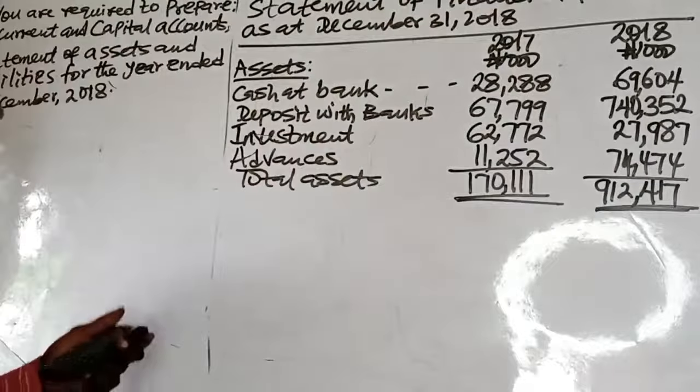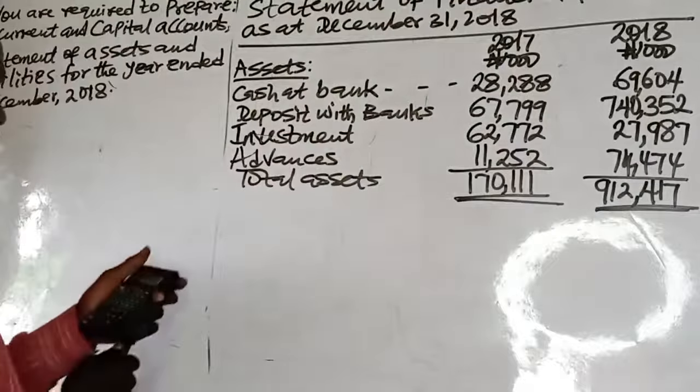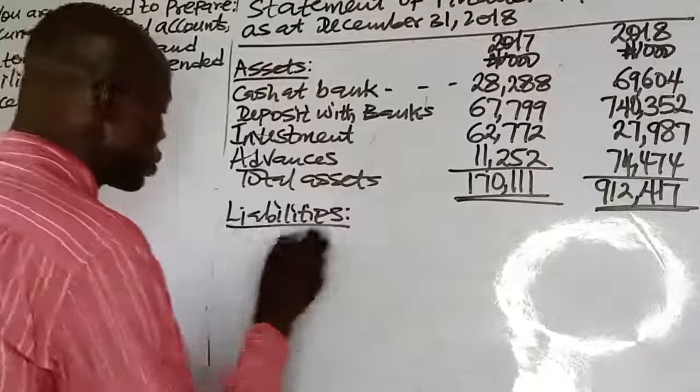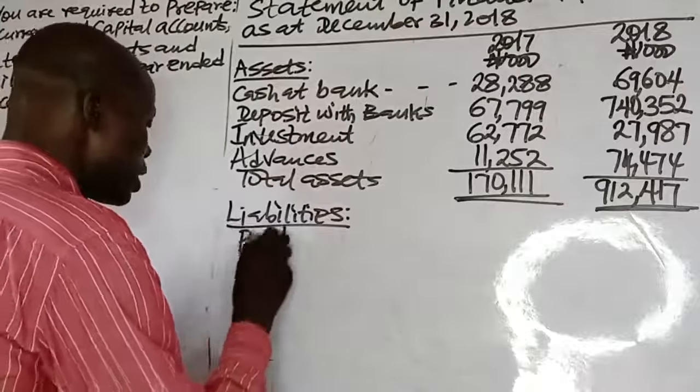Then after total assets, we have liabilities. I've told you that the liabilities to consider, we have the public funds. Public funds, any funds you have, they are liabilities.